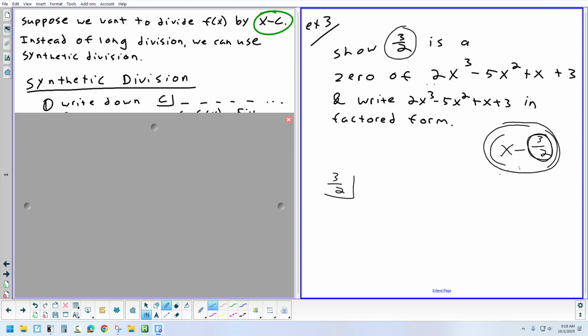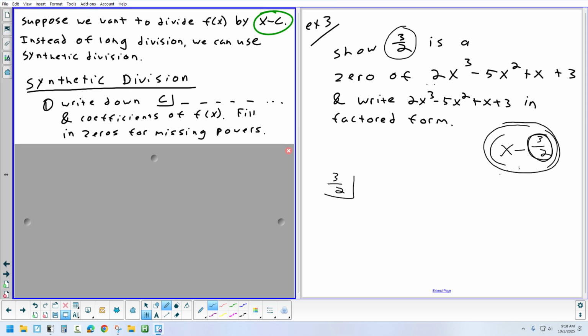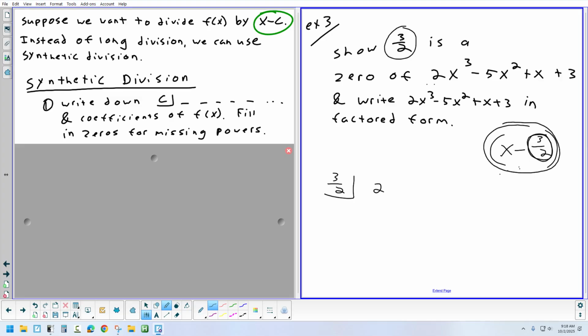I think we called that number yesterday C. On the inside, you're going to write down all your coefficients. If you're missing any, you need to fill in zeros. Okay. So we've got cubed, squared, linear, constant. We're good. We got them all. So 2, -5, 1, 3.